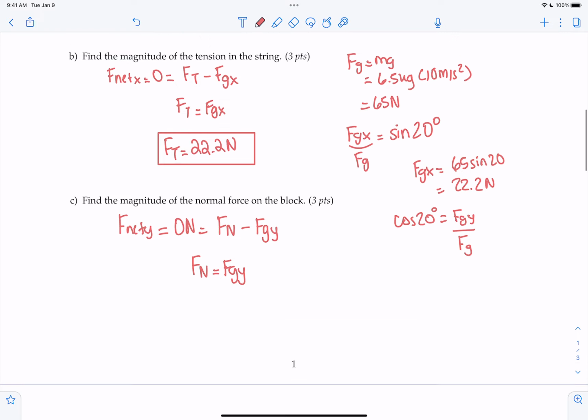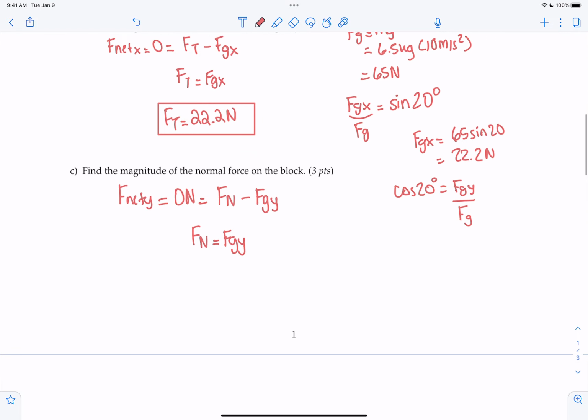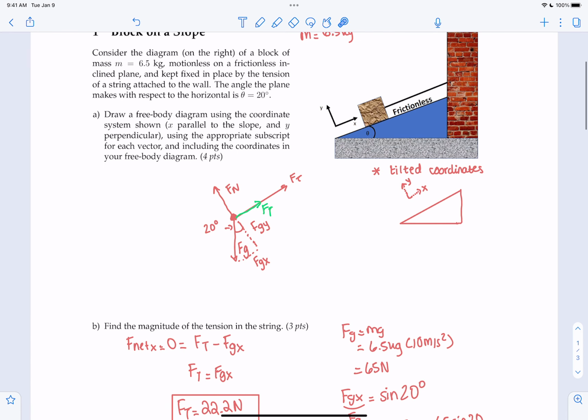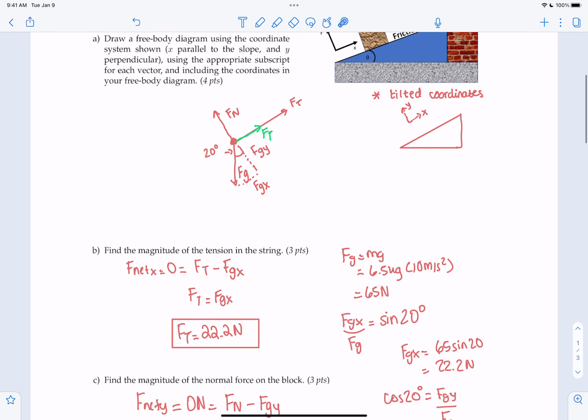And so we know Fg to be 65 newtons, so 65 times cosine 20 should give us Fgy, and that should be equal to 61.1 newtons, I believe. So your normal force should be 61.1 newtons. That's the magnitude of your normal force. That makes sense, right?